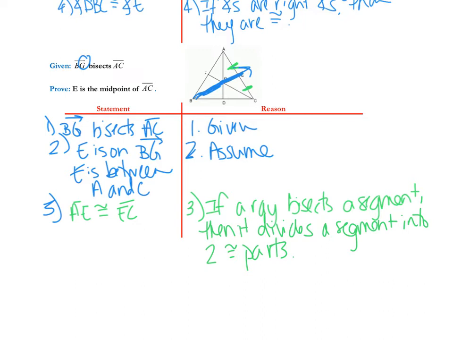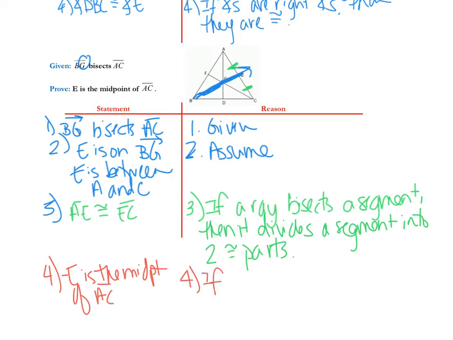Okay. And then finally, since we have two congruent parts, we know that point E is the midpoint. And the reason being would come from the notes from yesterday.